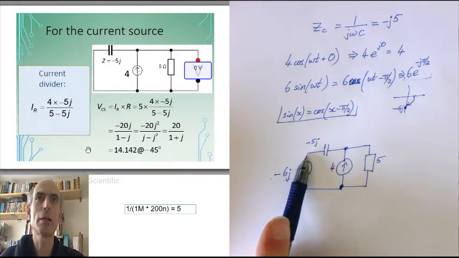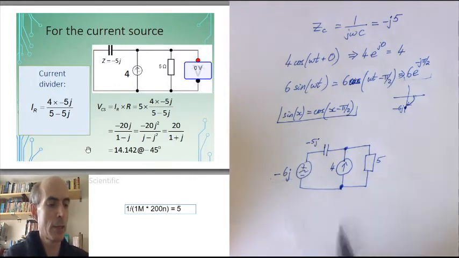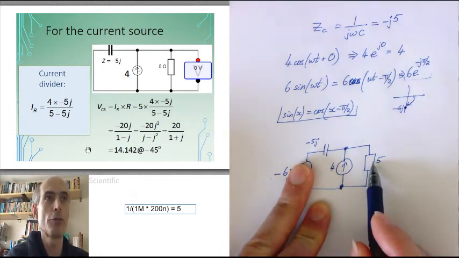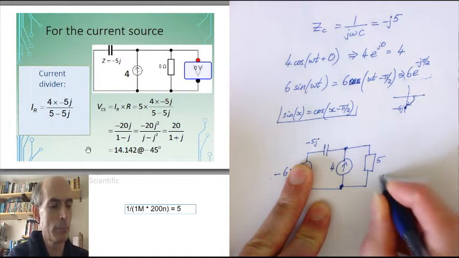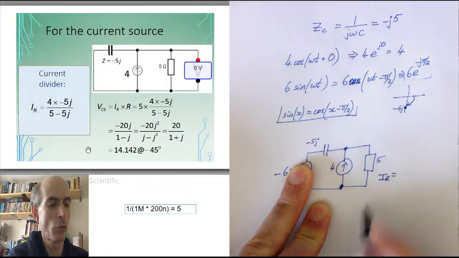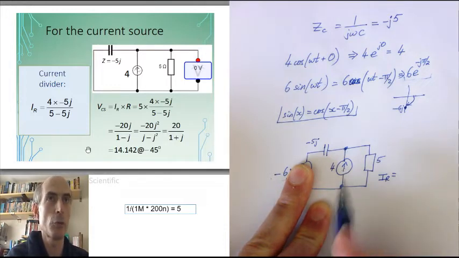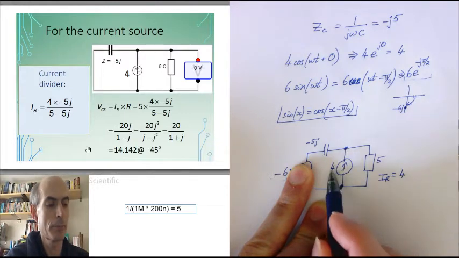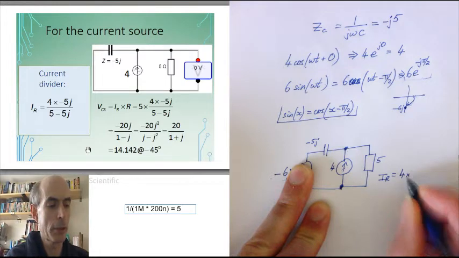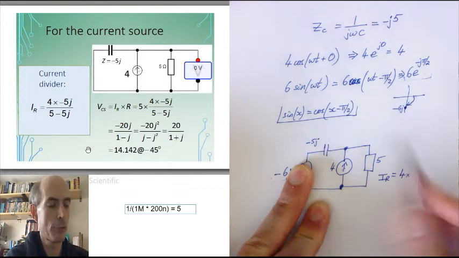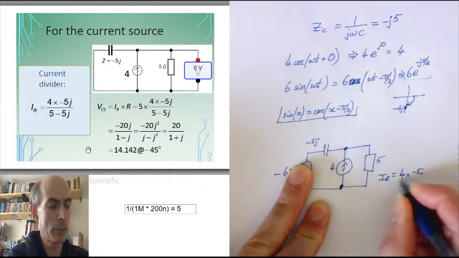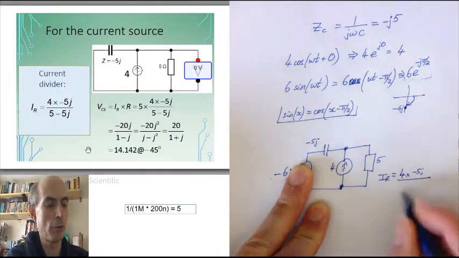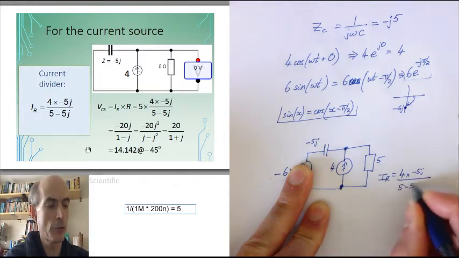I can just apply the current divider equation and get that the current flowing through the resistor, call it IR, for just the current source, is going to be the current flowing into the divider, that has a phasor representation of 4, multiplied by the other impedance, minus 5j, divided by the sum of the two impedances, which is 5 minus 5j.